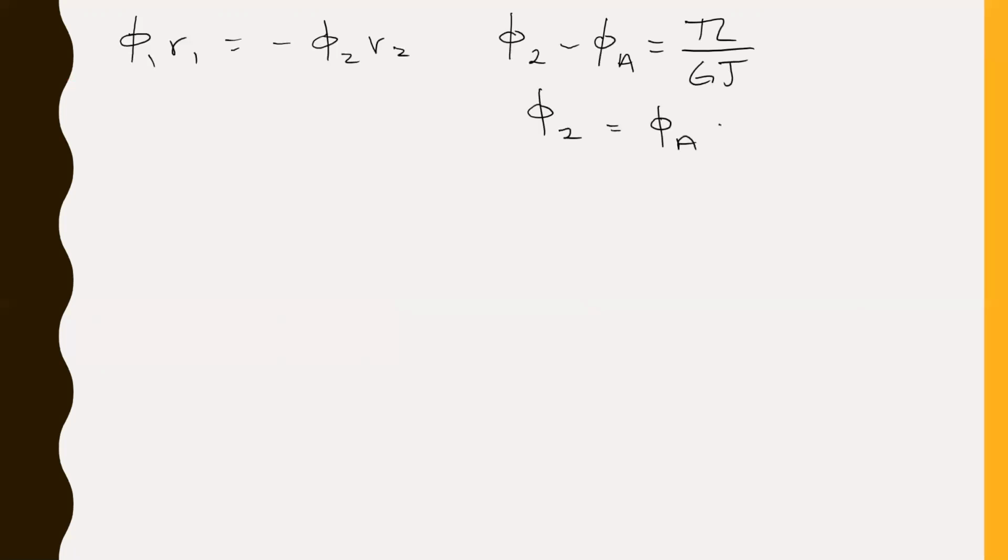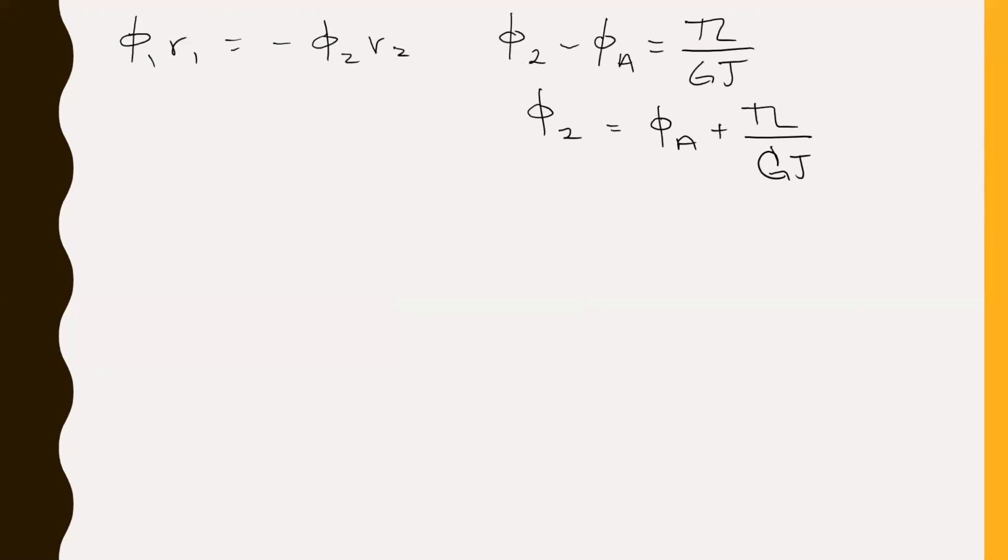We have phi 1 R1 equals negative phi 2 R2. And the other equation we had was that the rotation of 2 minus the rotation of A equals TL over GJ. Okay. So I can say that phi 2 is equal to phi A plus TL over GJ.